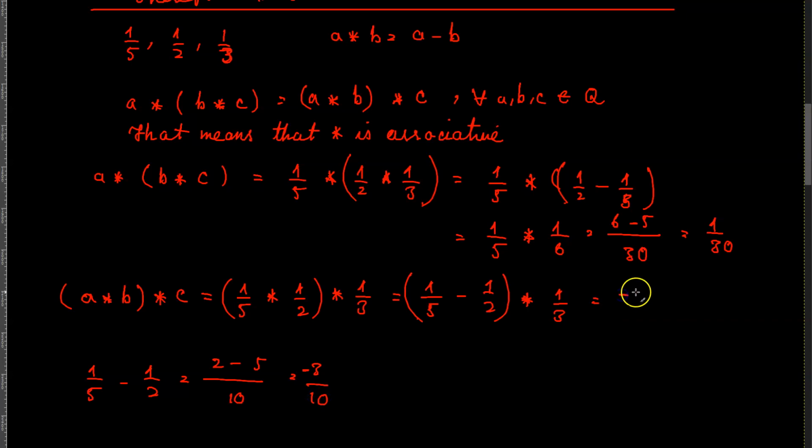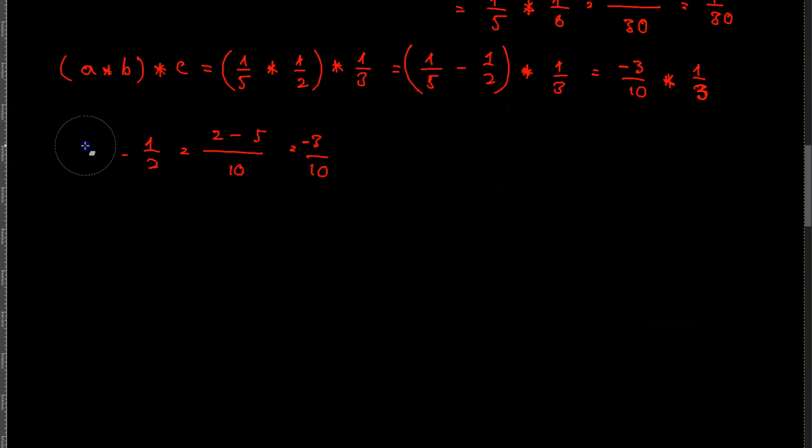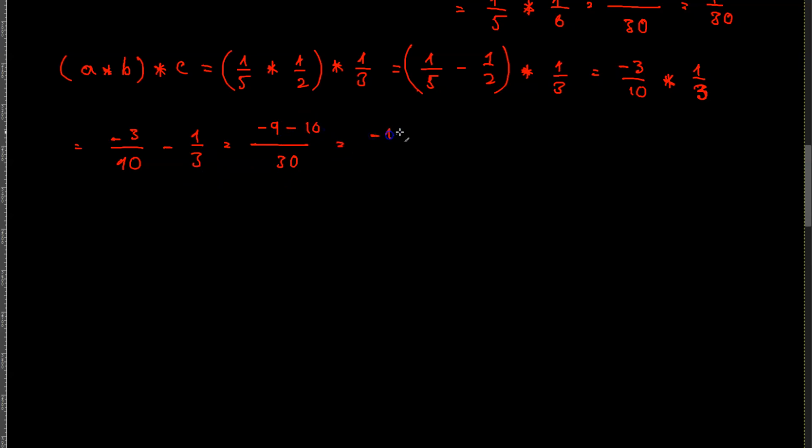So that's -3/10 star 1/3, and that is equal to -3/10 minus 1/3, which is equal to, with denominator 30, -9 minus 10, so that's -19/30.